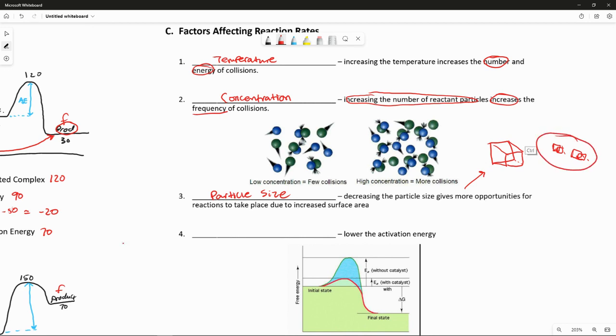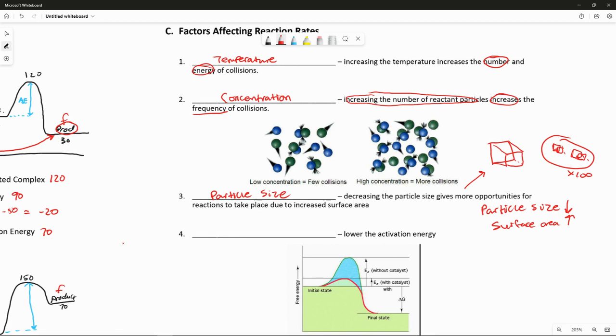Say we have 100 of these compared to just one big block. Then it's going to have more surface area. Therefore, the reaction will be faster because more of the solute, say the salt we're putting in, can touch the solution. So if particle size goes down, surface area goes up in response. The lesser the particle size, the more surface area, and therefore the faster the reaction will occur.